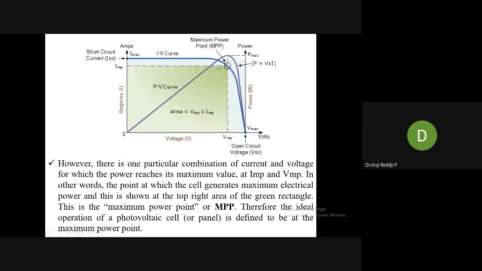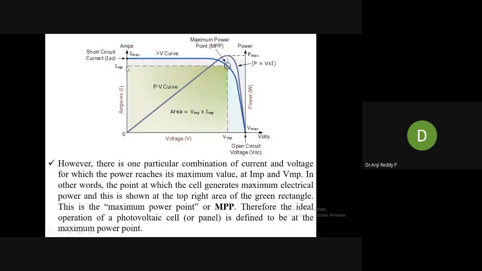If you observe this green rectangle, here we are getting the maximum. Where we are getting maximum power, that corresponding current we call the maximum current point, and that corresponding voltage we call the maximum voltage point. If you multiply those two, we get maximum power.